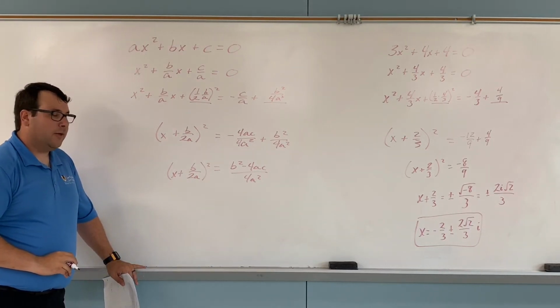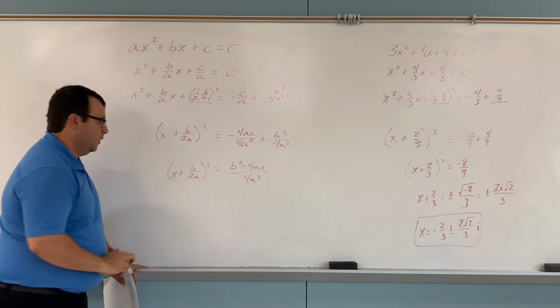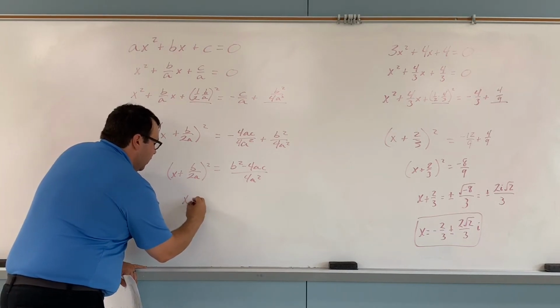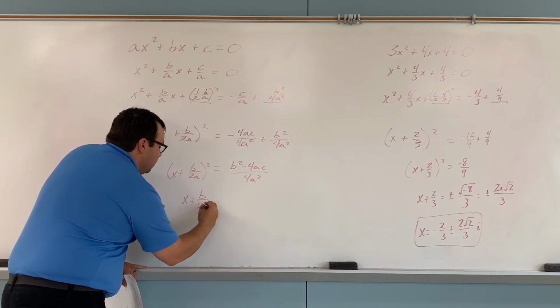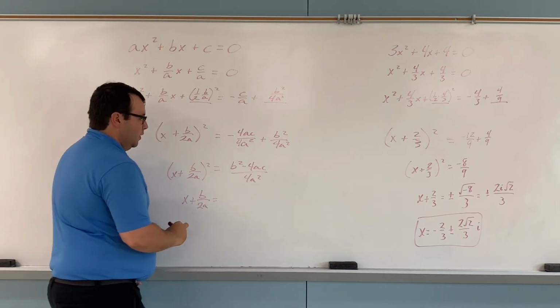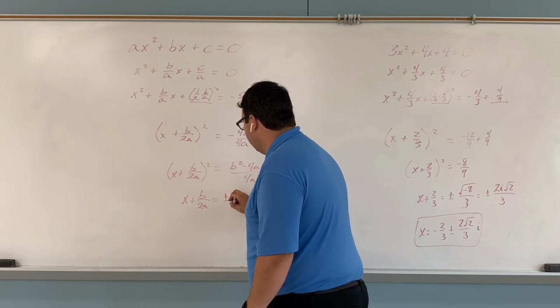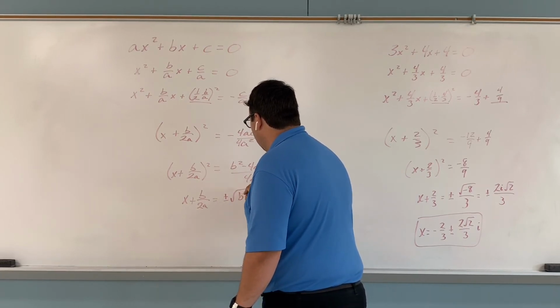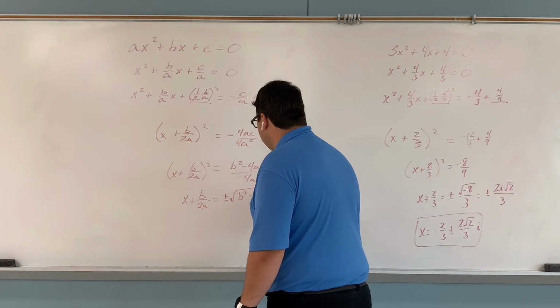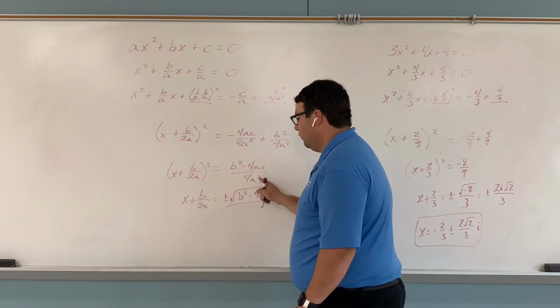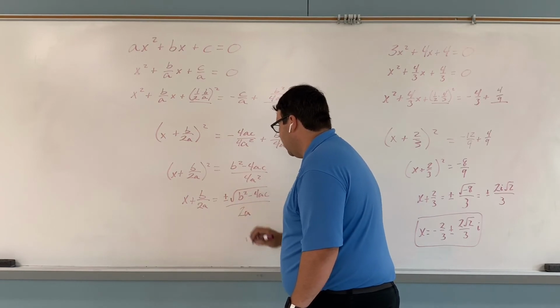At this point, you can apply your square root property. So this becomes x plus b over 2a is equal to, this side goes to the square root plus or minus square root of b squared minus 4ac. You're dividing that by, you can take a perfect square root here, that's 2a.